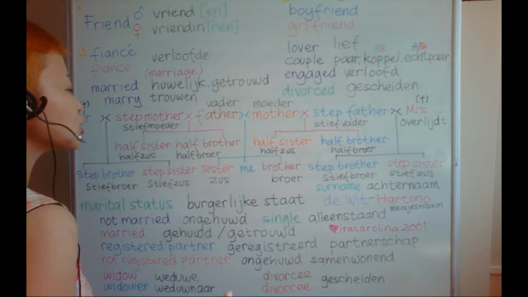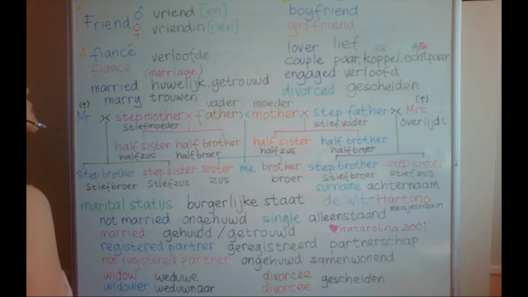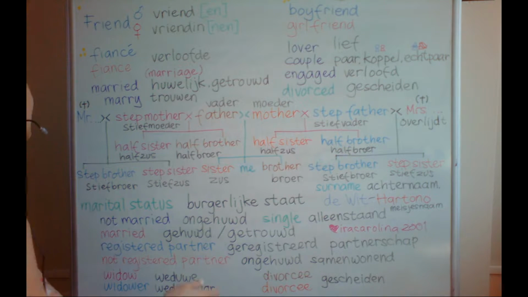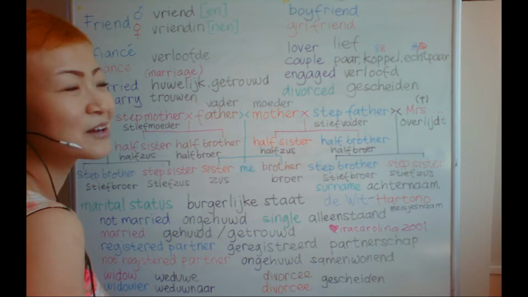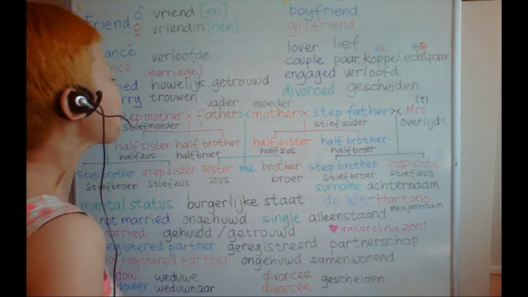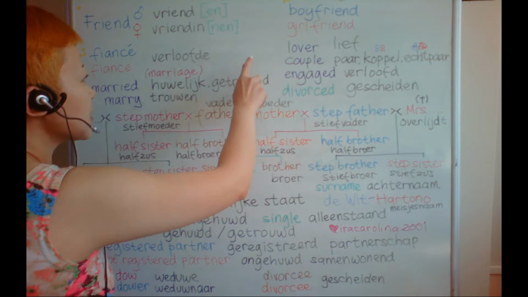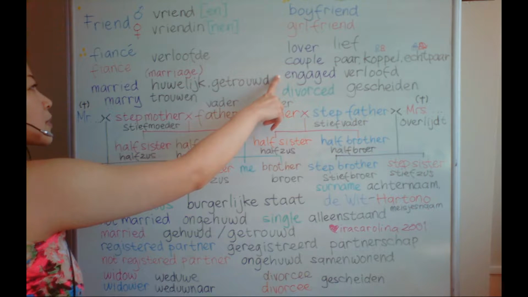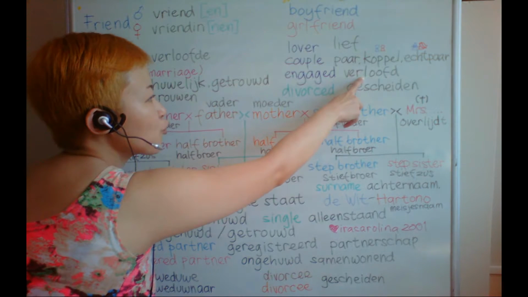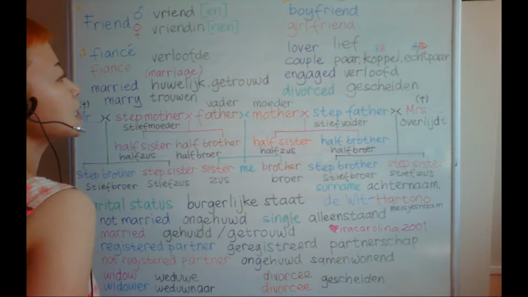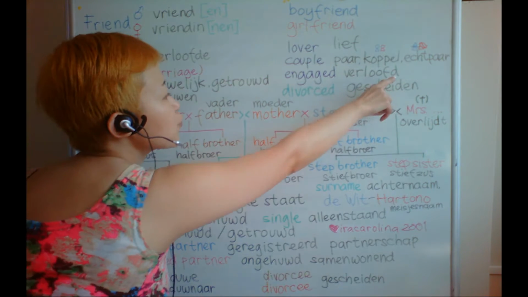And in Dutch, or the Netherlands, they just use one, verloofde. It can be male fiancé or female fiancée. I don't know, maybe you can tell me in the comment section. And if they're engaged, it's verloofd. The fiancé, verloofde. Engaged, verloofd.